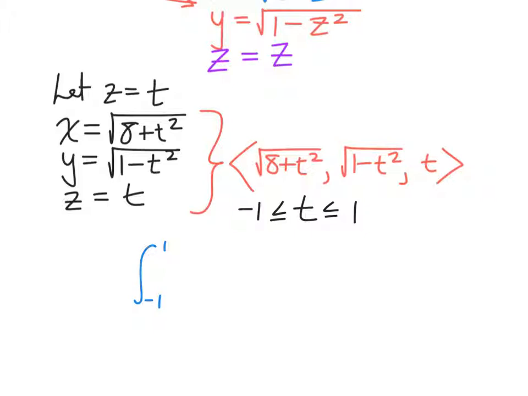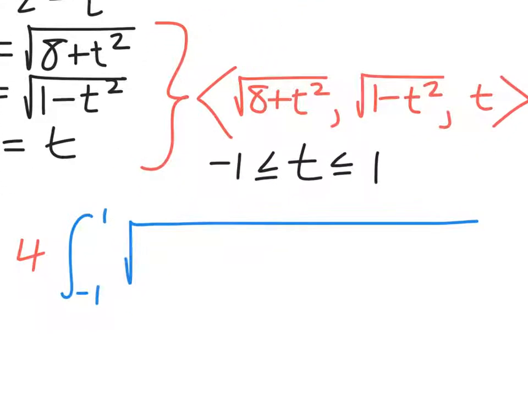It's going to be the square root of the derivative of each of those parts. And then we'll take that and multiply it by 4. I'll just pop the times 4 in the front. So I need the derivative of each part. At this point, I'll just cut to the chase here.